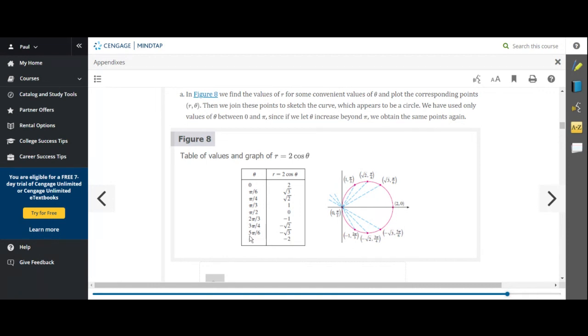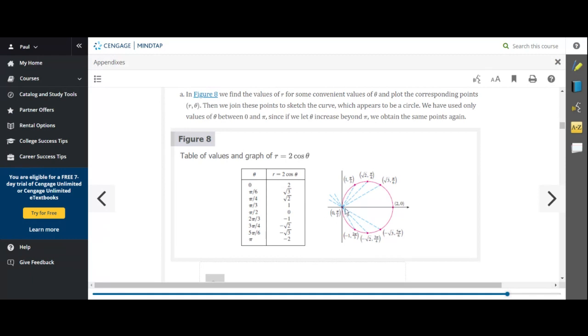Okay, similarly for 3 times pi over 4, that's 3 times 45 degrees, which is 135 degrees. So you look that direction, and you measure an angle of 135 degrees. You're looking in the direction then of the second quadrant, that middle dashed line there, but you move backwards -√2, because the cosine of 135 degrees is -√2/2, and the radius is 2 times -√2/2, which is -√2.